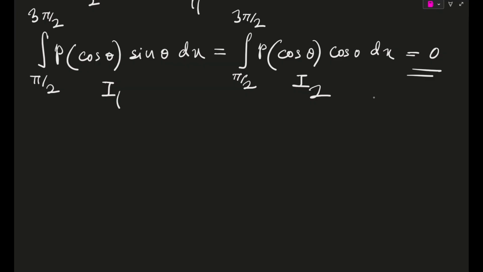Now if you see I1 carefully, if you substitute u as cosine theta in I1, both the limits will come to 0. This particular integral, which had its endpoints at pi by 2 and 3 pi by 2, using a small substitution I collapsed to a single critical point, that is 0.